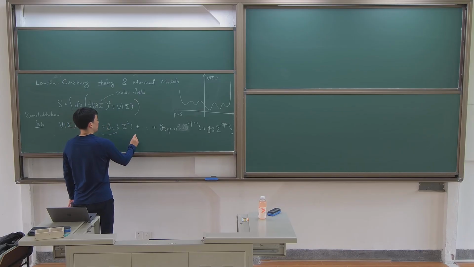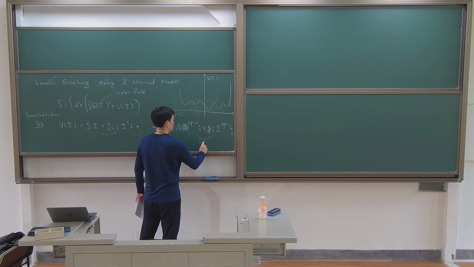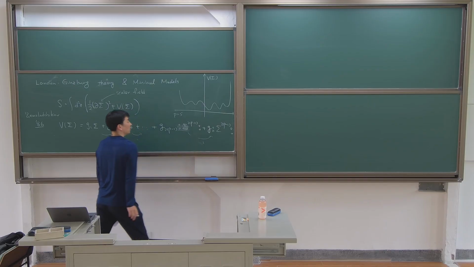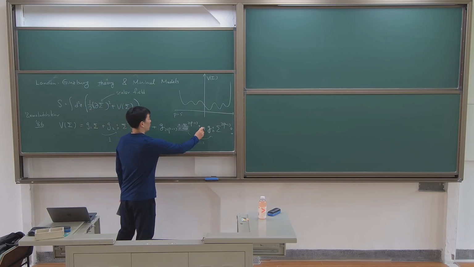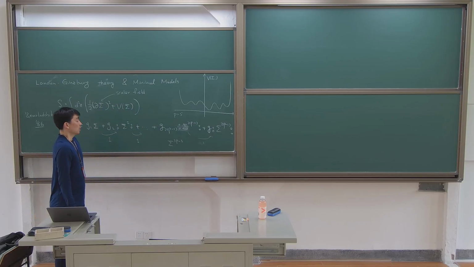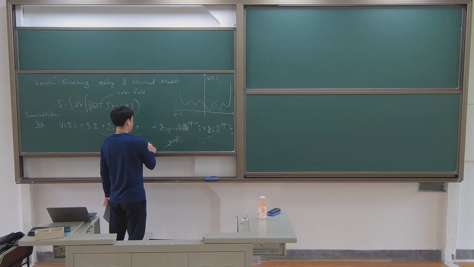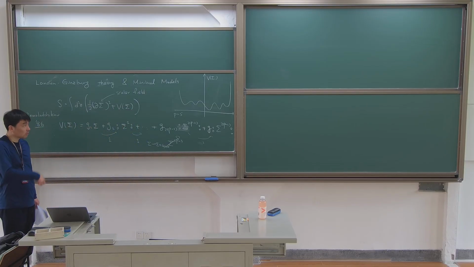Here the degree is increased by 1, but here the degree is increased by 2, the exponent is increased by 2. At this point, the sigma^(2p-3) term can be removed by shifting sigma by some constant appropriately. So I just omit this one.